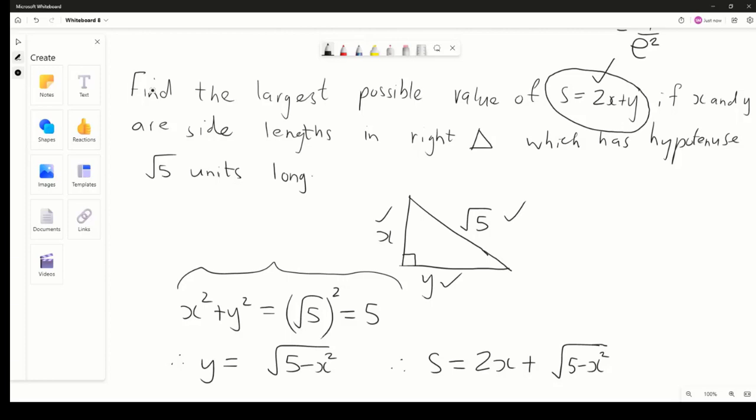So, of course, people, what you'll notice here is that x must lie between 0 and square root of 5, strictly between, not equal to. Why is that so, guys? Why is this condition important here?